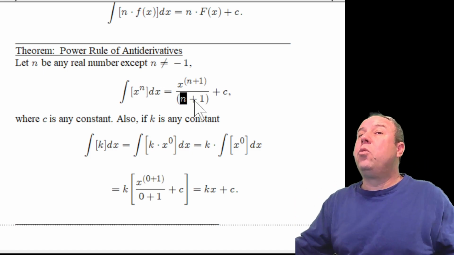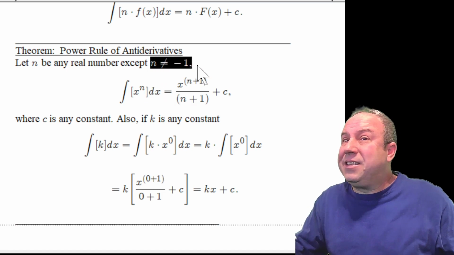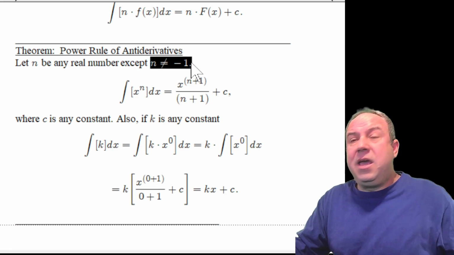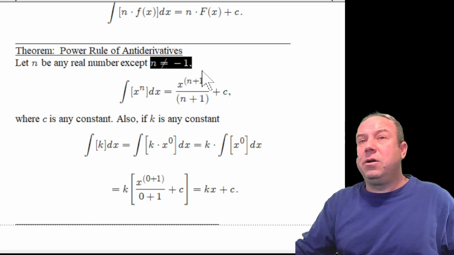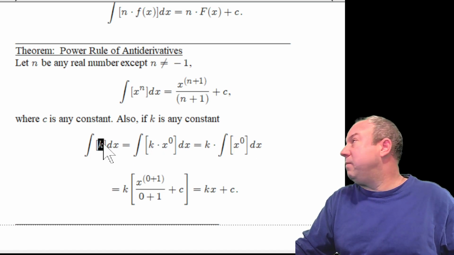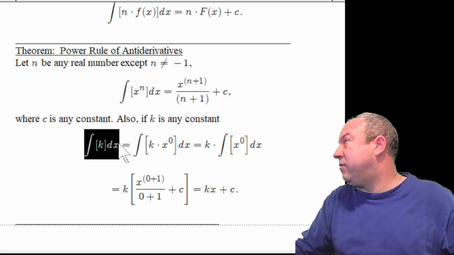So this power rule does not work for the case when n is equal to -1. It works for every other power, including the power of 0, where we can use that in the case for finding the antiderivative of a constant.